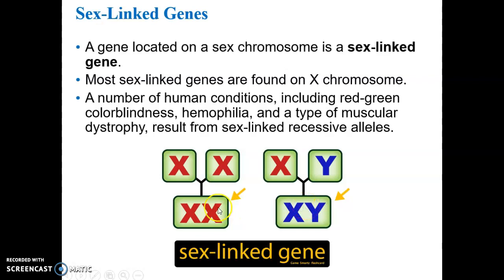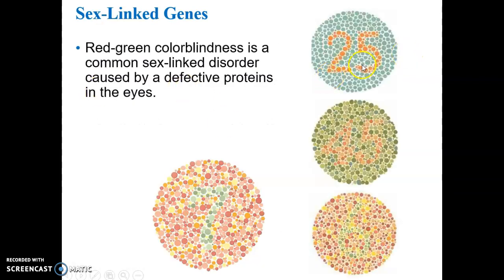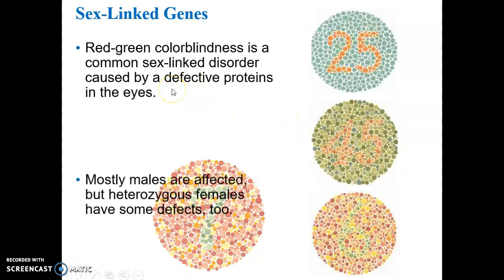If you're female, it gets masked or hidden by the normal functioning allele on the normal X chromosome. Notice these numbers here: that's a 7, a 25, a 45, and a 6. If you can't see all of these numbers, you most likely have red-green colorblindness and are most likely a male, because it's a sex-linked disorder on the X chromosome.